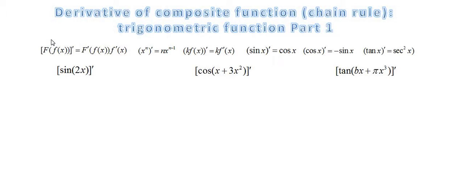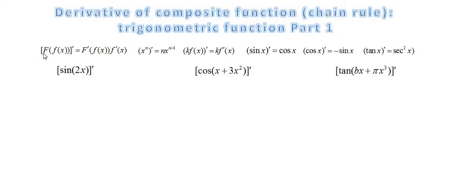The chain rule can be written as the derivative of capital F of little f x equals the derivative of capital F of little f x times the derivative of little f x. Here the capital F can represent any trig function.